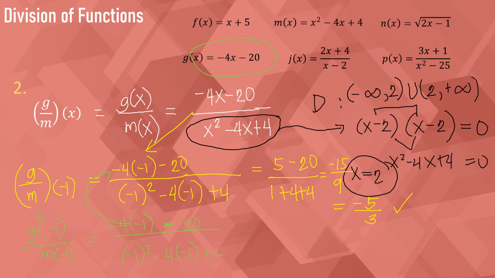In other words, when you solve, it is possible to go back to the original equation, evaluate the value of x, and you will still arrive at the same answer. But if we use x equal to 2, obviously the denominator becomes 0, making the answer undefined. So g over m is undefined at x equal to 2. That is how we understand it. Only 2 will give an undefined value of g over m.